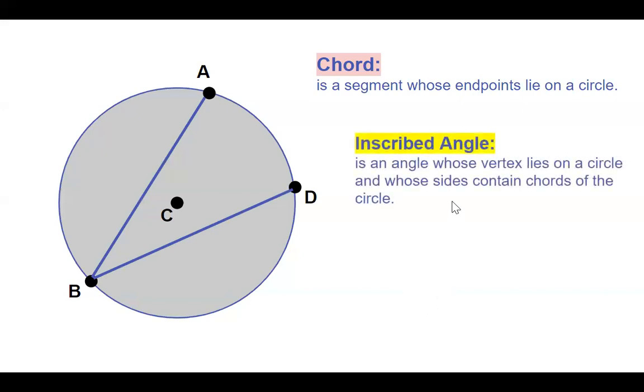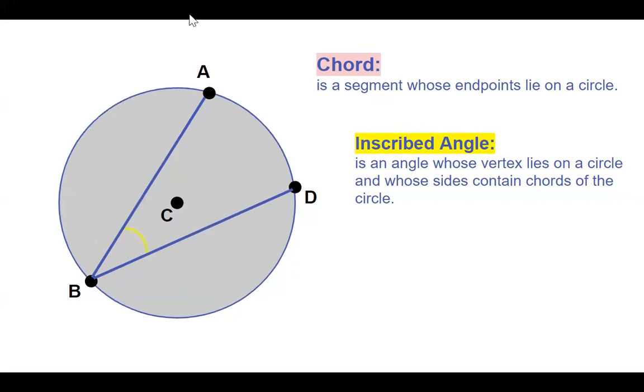An inscribed angle is an angle whose vertex lies on the circle, and the other points on the angle are contained within the circle. Here my inscribed angle happens to be ABD, so I'm going to label it as ABD.